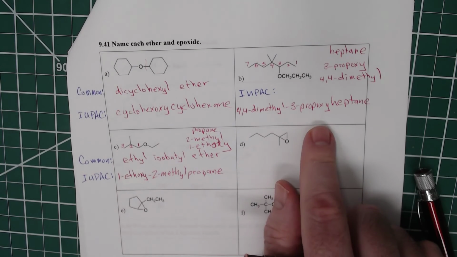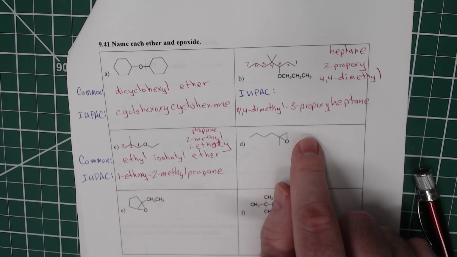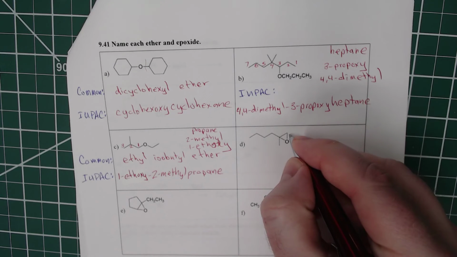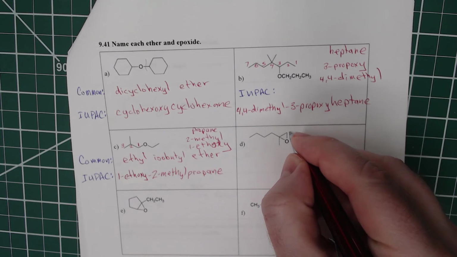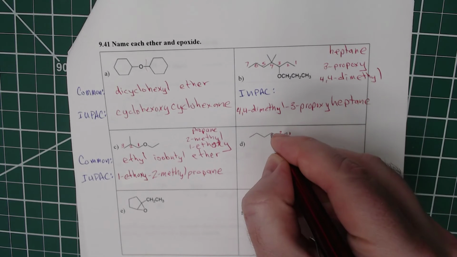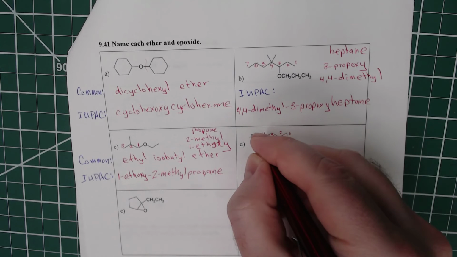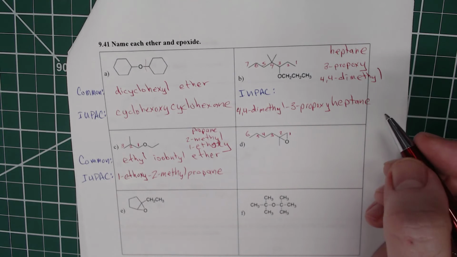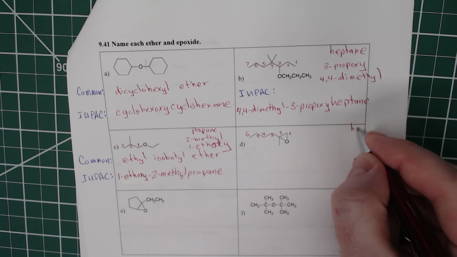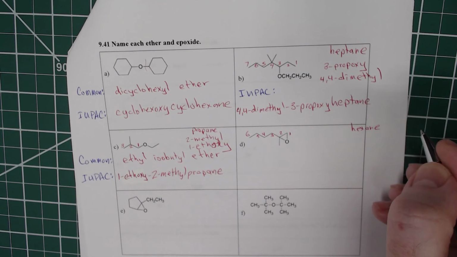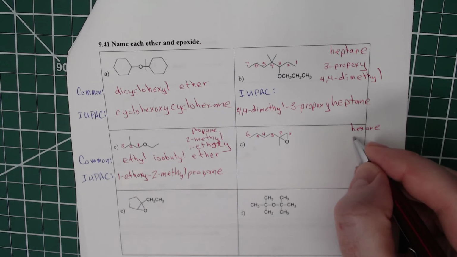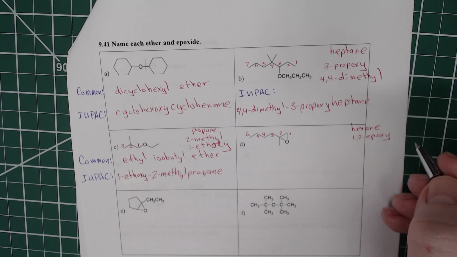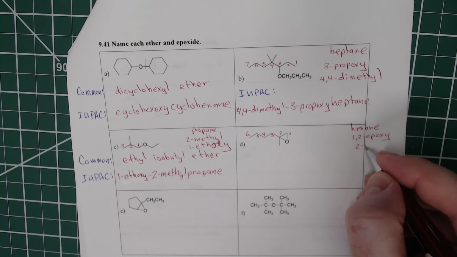All right. So here, as I mentioned previously, we've got 3 different ways for naming epoxides. So I'm going to do the epoxy method first. So 1, 2, 3, 4, 5, 6. So we've got a hexane and a 1,2 epoxy and a 2-methyl.